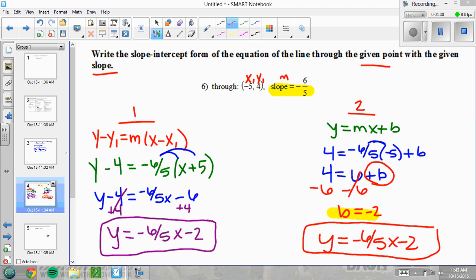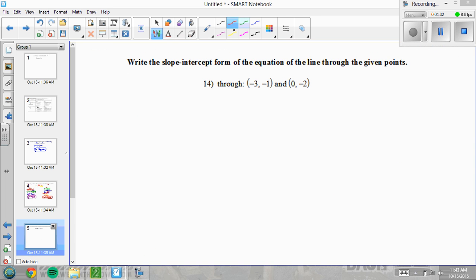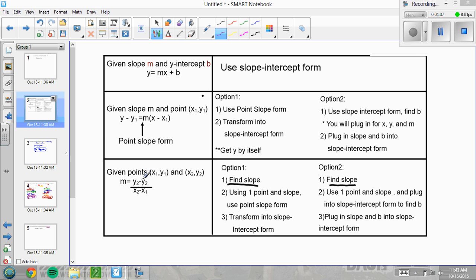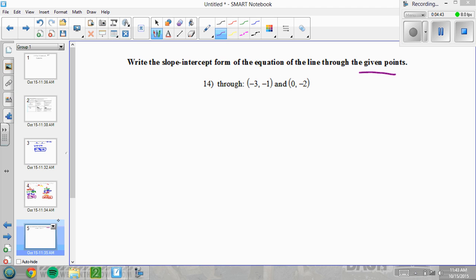If we look at the next one, we're given 2 points. If you look back at our chart, when you're given 2 points, you always find slope first in either method. We just went over a whole section on how to find slope. So we know m equals y2 minus y1 over x2 minus x1. I'm going to label x1, y1, x2, y2.